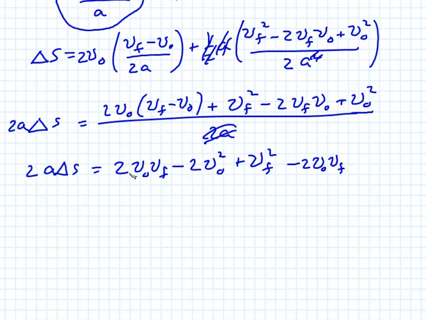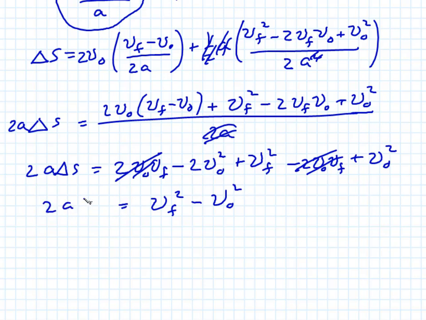I'll write it that way because I wrote it that way over here, and then plus V naught squared. So this term drops out. So here's V naught squared, and here's minus 2 V naught squared. So one of them minus 2 of them is minus 1 of them. So this whole right side becomes Vf squared minus V naught squared.